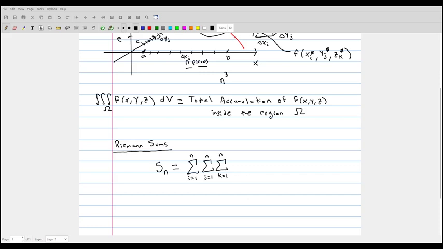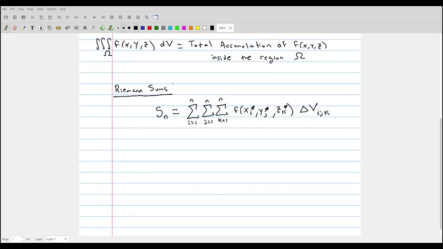It's a summation over all of these cubes of the value of the function at the sample point inside the cube times the size of the cube, which we'll call delta V ijk.